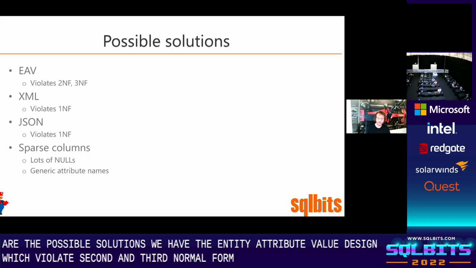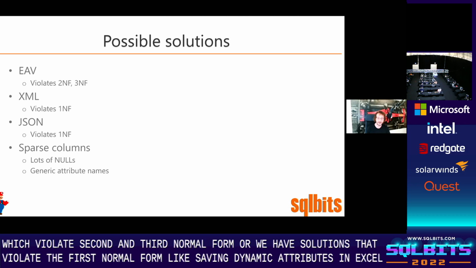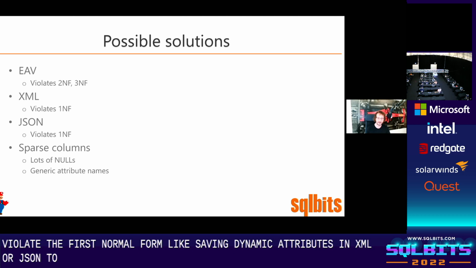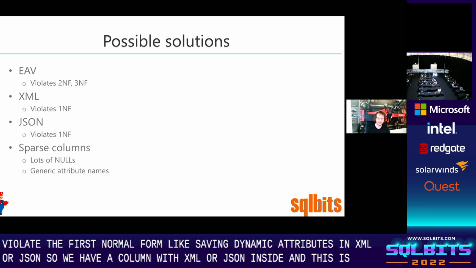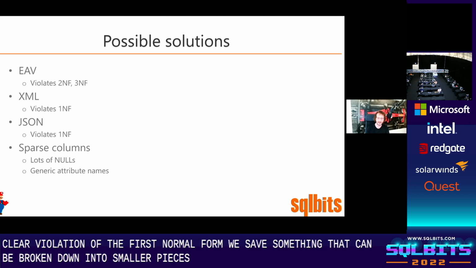Or we have solutions that violate the first normal form, like saving dynamic attributes in XML or JSON. So we have a column with XML or JSON inside, and this is a clear violation of the first normal form. We save something that can be broken down into smaller pieces, like the attributes of the JSON.